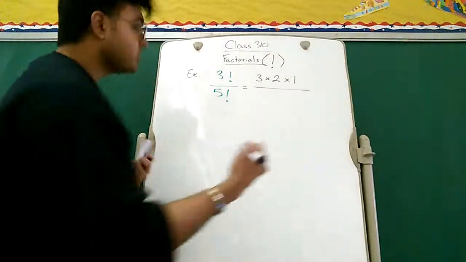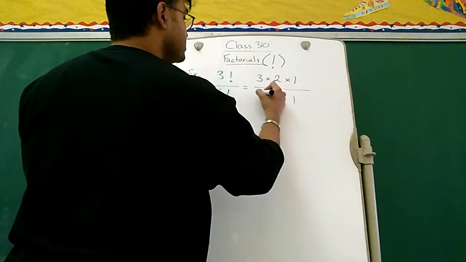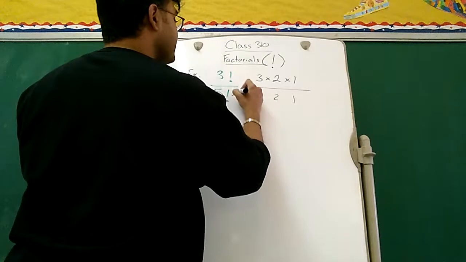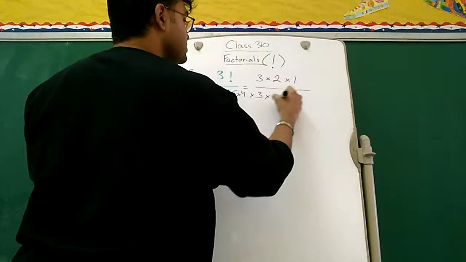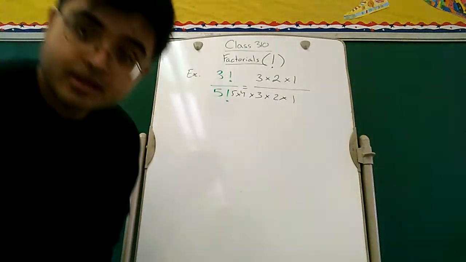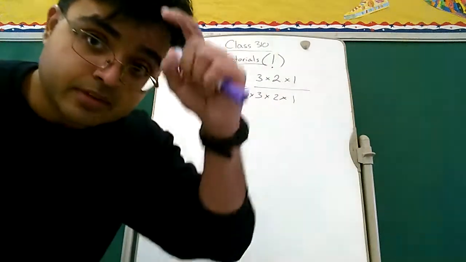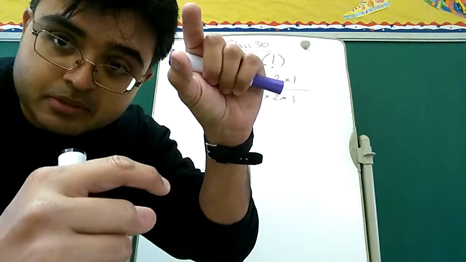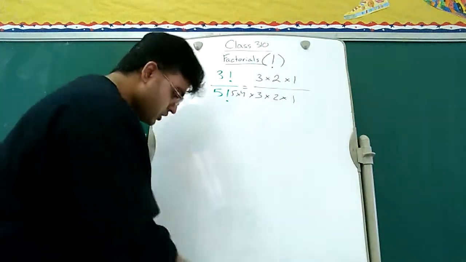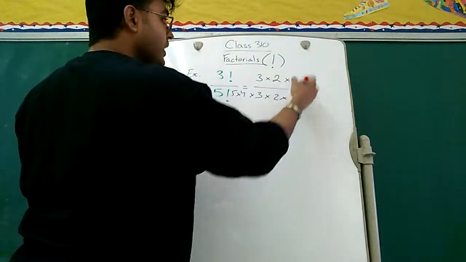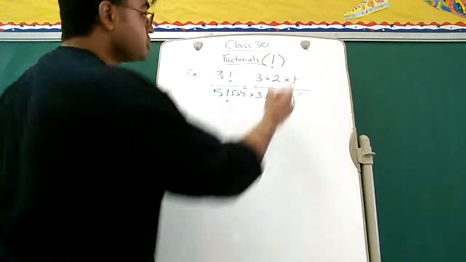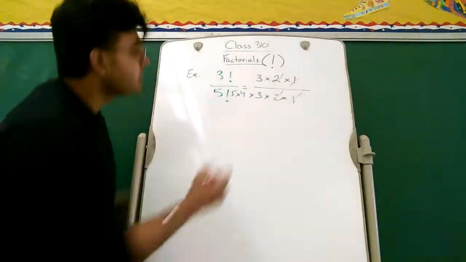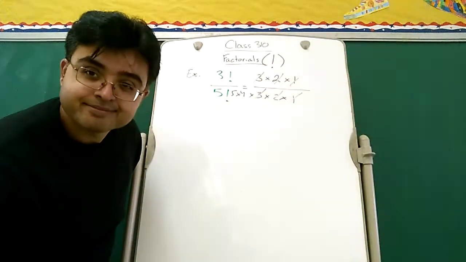Line up the numbers. 1, 2, 3, 4, and 5. 5 times 4 times 3 times 2 times 1. And now we do the same thing. If you have a number on top and the same number on the bottom, cancel them. So, 1, 1, cancel. 2, 2, cancel. 3, 3, cancel.